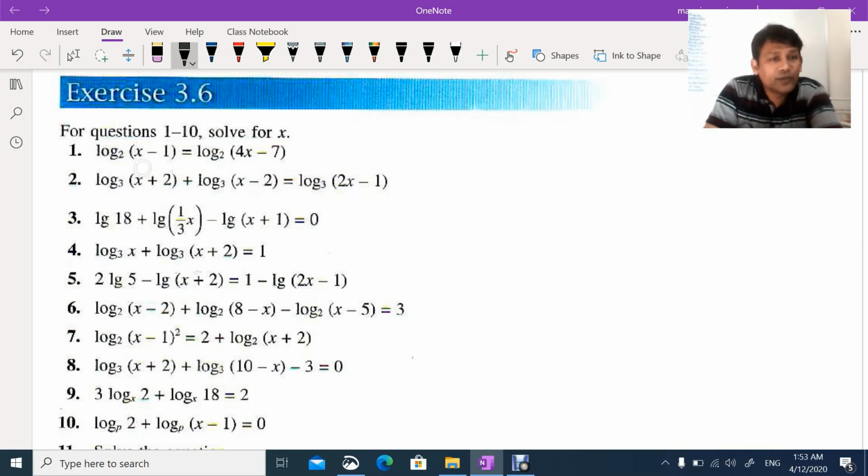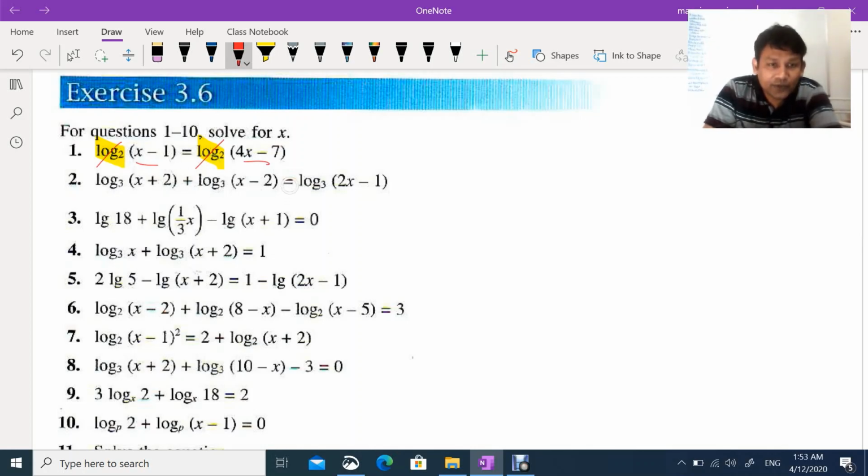In this situation, when we have log, equal sign, and log, and both the bases are the same, like log base 2, log base 2, we do not cancel, we compare these two parts because these are the same. Normally, we want only a single log on both sides.